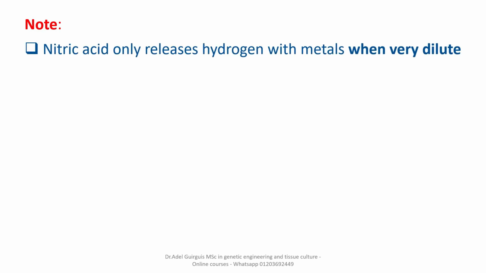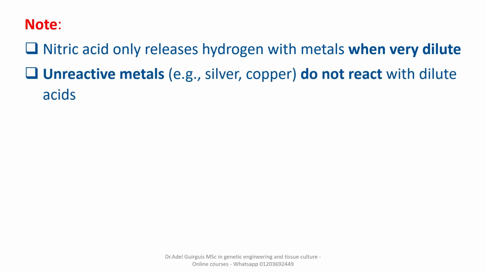Some hints. Nitric acid only releases hydrogen with metals when very dilute. Unreactive metals: not all metals react with acids. Only reactive metals react with acids. Metals that lie above hydrogen, more reactive than the hydrogen of water or of acid, release the hydrogen of the acid.